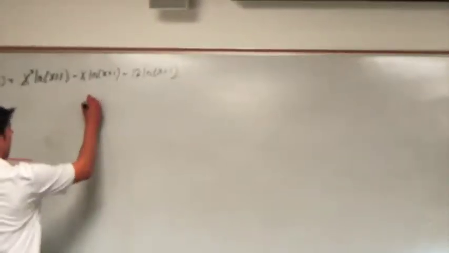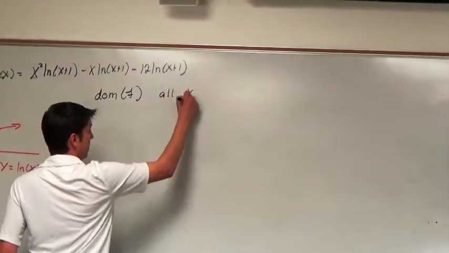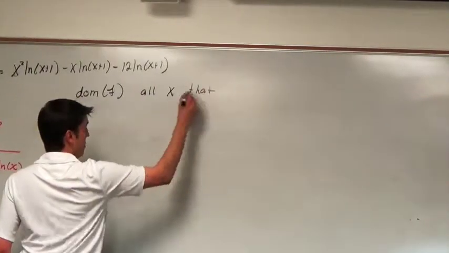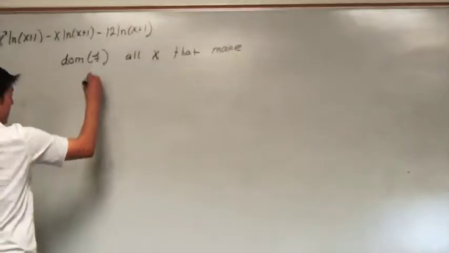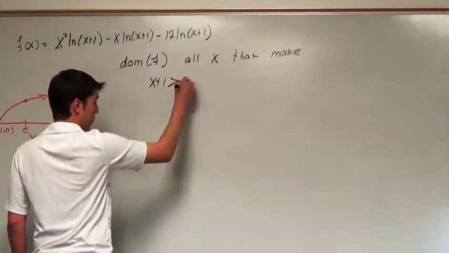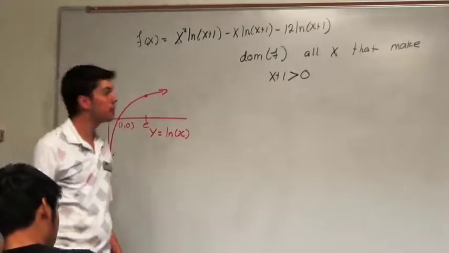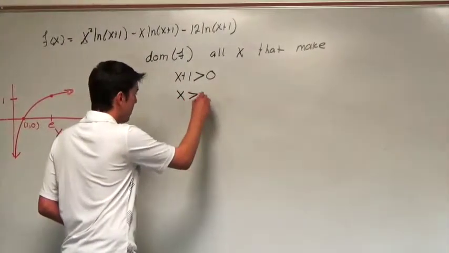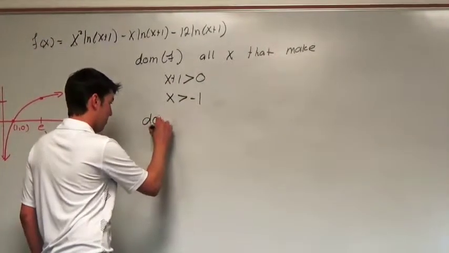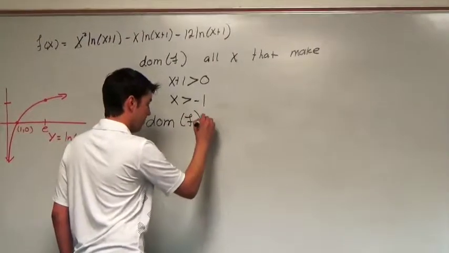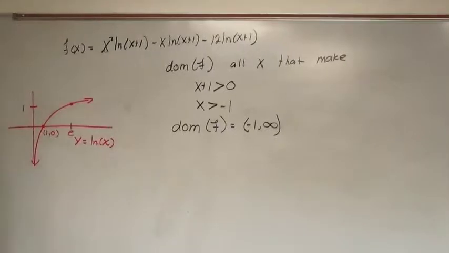So the domain of f will be all x that make the inside strictly positive. You can't have the log of 0, you can't have the log of a negative. And that's just x is greater than negative 1. So our domain is negative 1 to infinity.